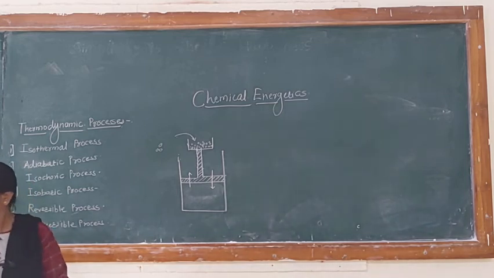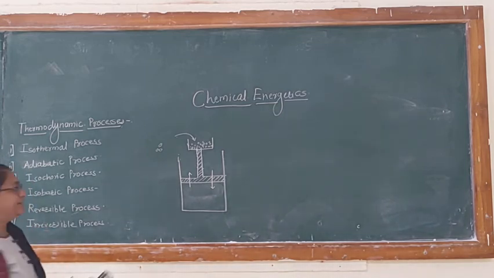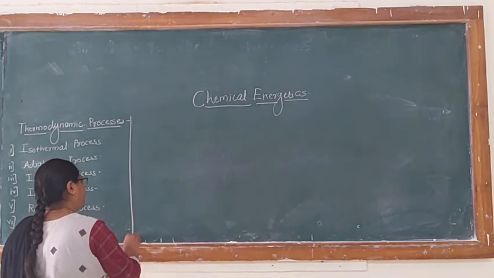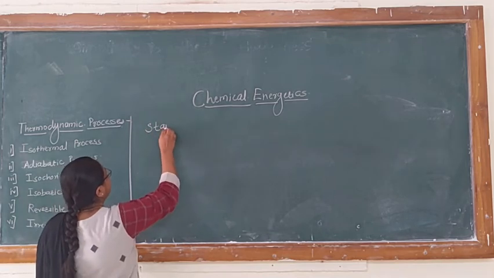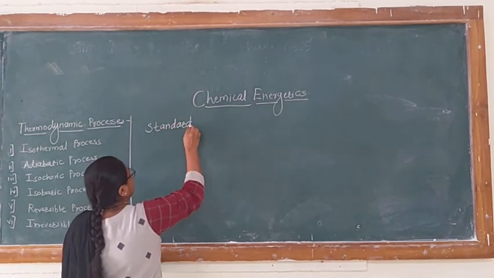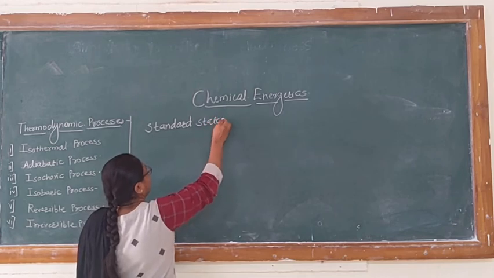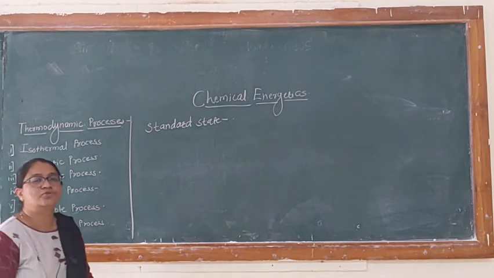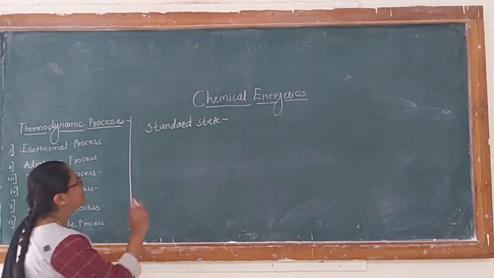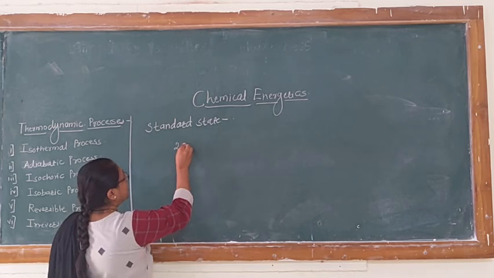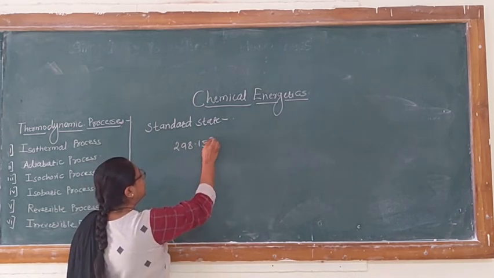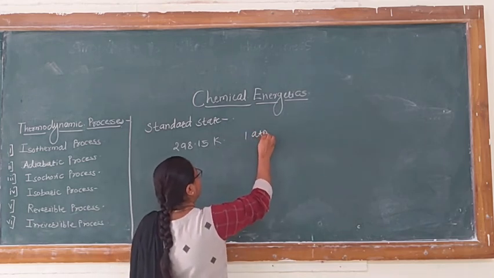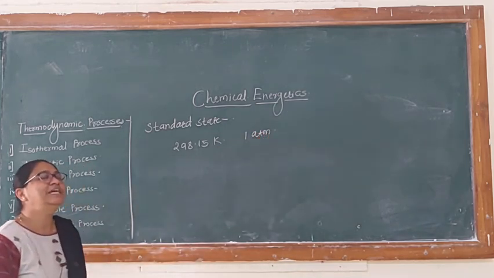Now, the next concept, the standard state. What is the standard state of a substance? The standard state refers to conditions of temperature and pressure. The standard condition of temperature is 298.15 Kelvin, and the standard condition of pressure is 1 atmosphere.